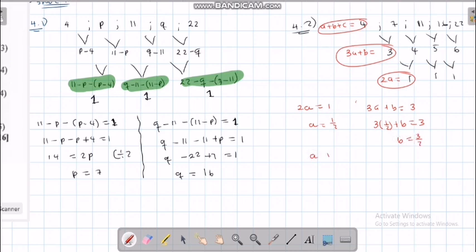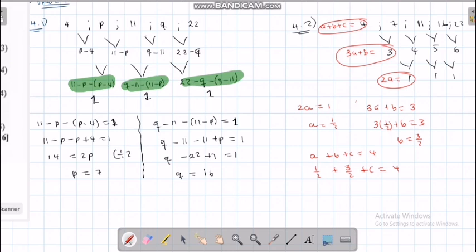And now let's check. a plus b plus c is equal to 4. So we'll have 1 over 2 plus b, which is 3 over 2, plus c, which is equal to 4. Half plus 3 over 2 is the same as what? It's 2.